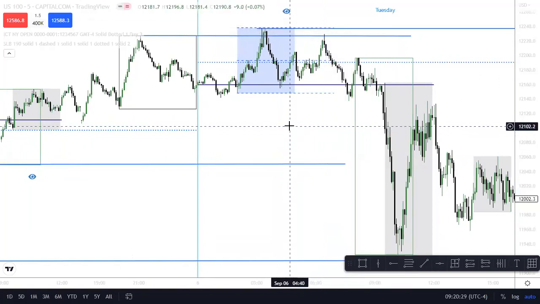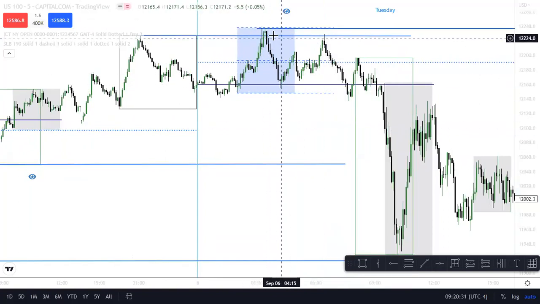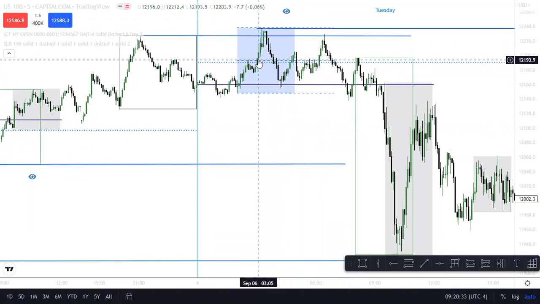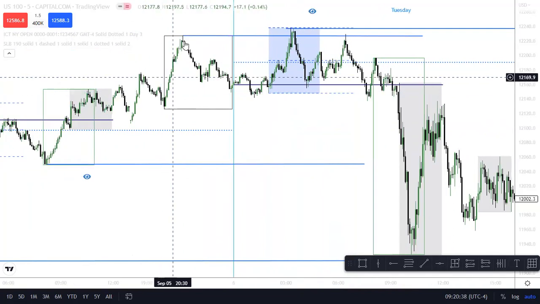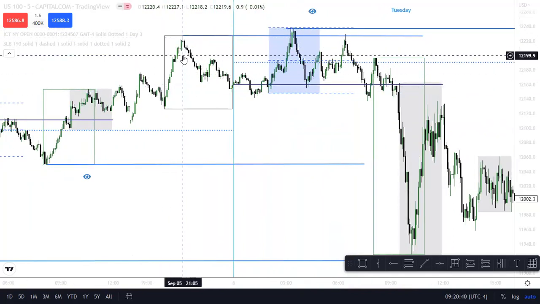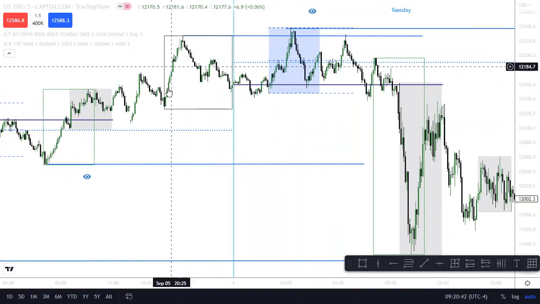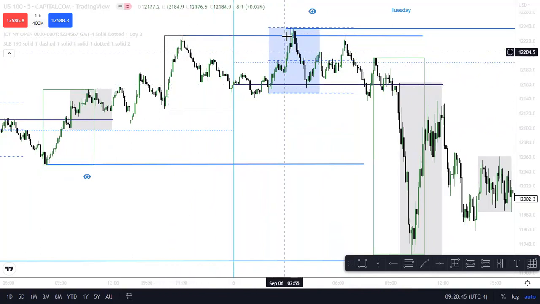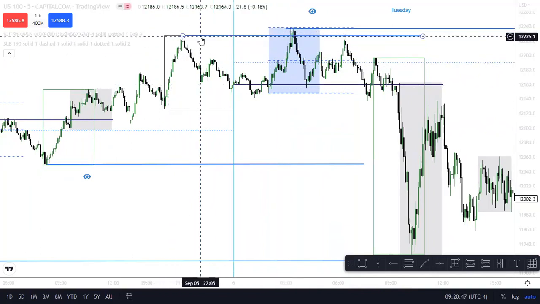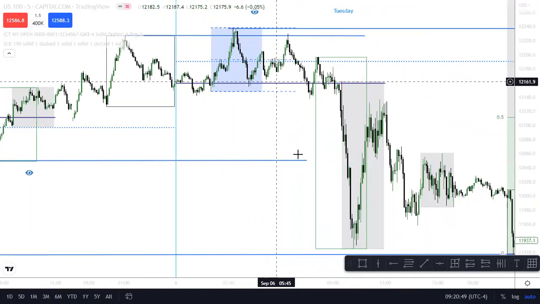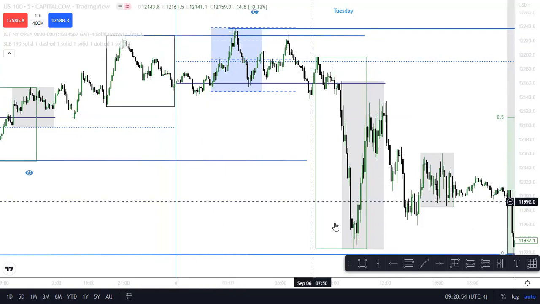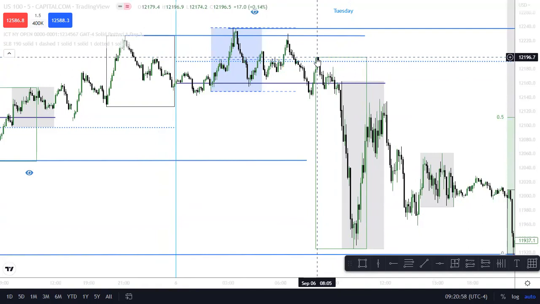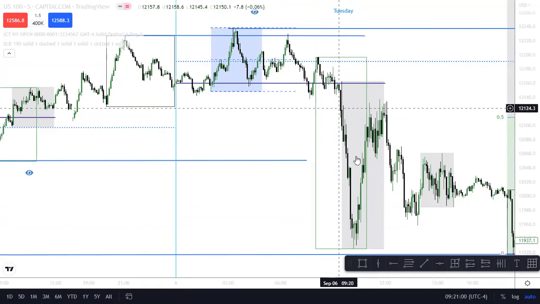So we can see that the high of the day was formed in London when London traded through Monday's high, which was also Monday's Asian session. So Monday's Asian session created the high. Well, this would have been Tuesday's Asian session, my bad. Then we took the high and then we ran lower. The run lower started here inside 8 a.m. to 11 a.m.